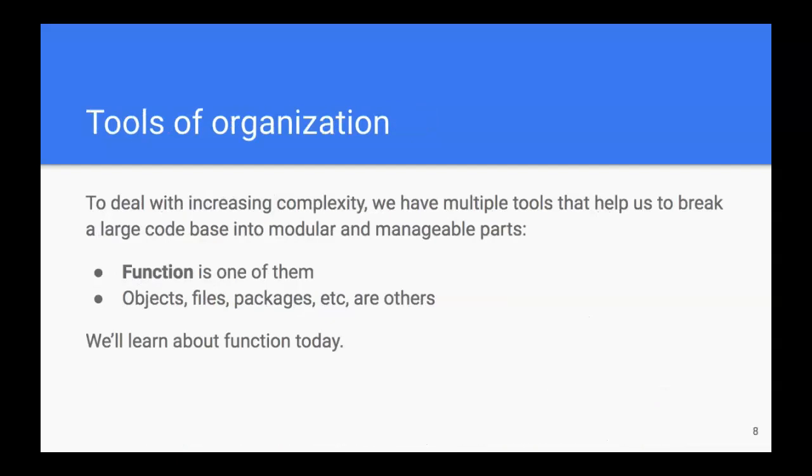Thankfully, we do have a bunch of tools that can help us cope with the increasing complexity. Function is one of them. Other things that we will learn, either later this quarter or in another class, are objects, files, packages, libraries, etc. Again, we're going into functions in a little more detail today.